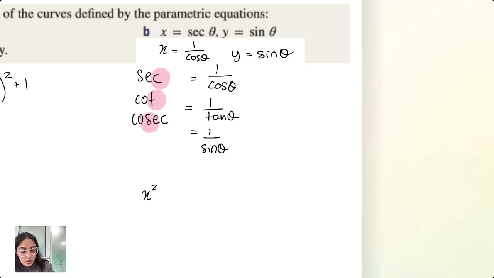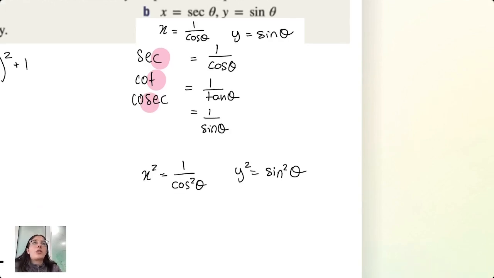So I say 1 on cos squared theta. And now if I make y squared as well, I have y squared equals sine squared theta. So now I've got my cos squared and my sine squared. Everyone agrees as long as I square both sides of an equation, I'm allowed to do that. Nothing stops me from doing that, yeah?